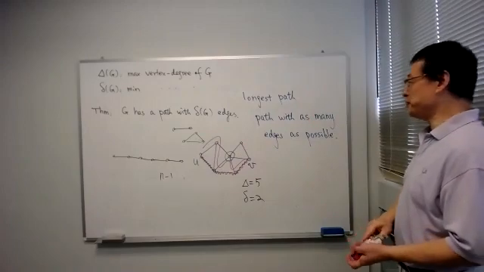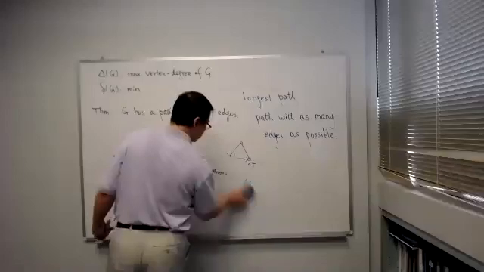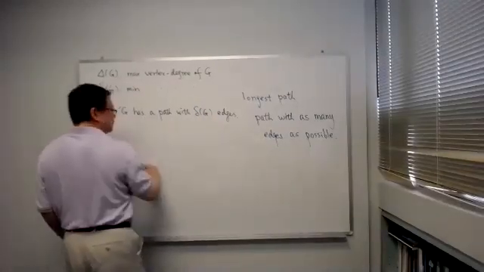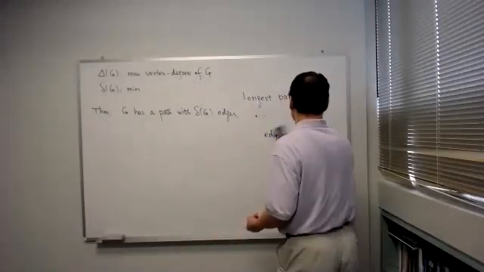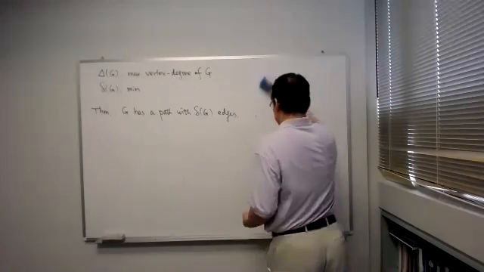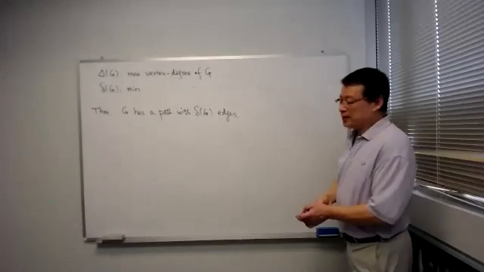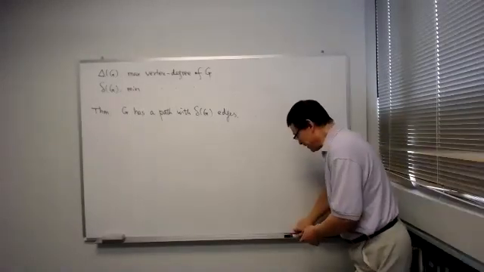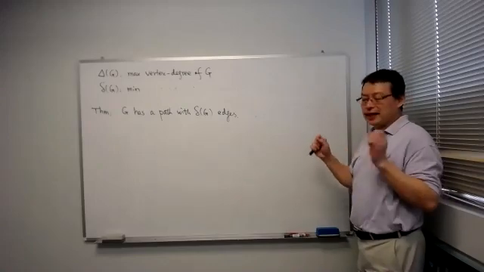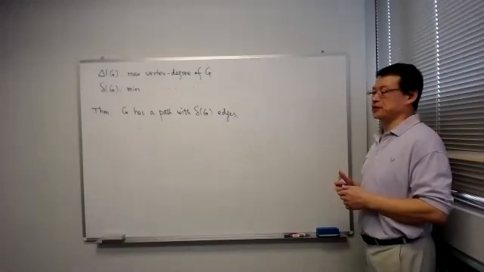Now, how can we prove this one? As I mentioned a few times, it's always not easy to prove something in graph theory. It's really not easy. So therefore, I will give you an idea of how to do this. Okay.